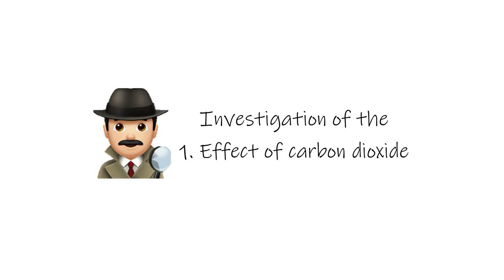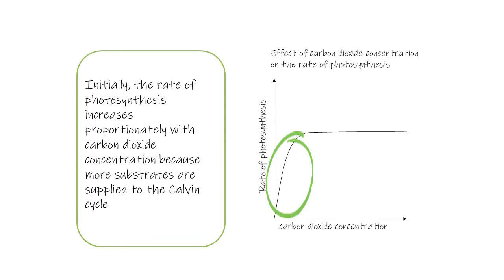The effect of carbon dioxide concentration on photosynthesis. Here shows the effect of carbon dioxide concentration on the rate of photosynthesis. Initially, the rate of photosynthesis increases proportionally with carbon dioxide concentration because more substrates are supplied to the Calvin cycle.